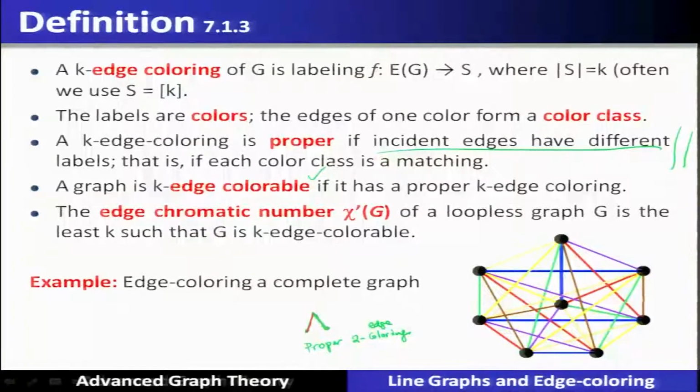The edge chromatic number, that is chi prime G, of a loopless graph is the least value of k such that the graph is k edge colorable. An example of edge coloring a complete graph is shown over here.